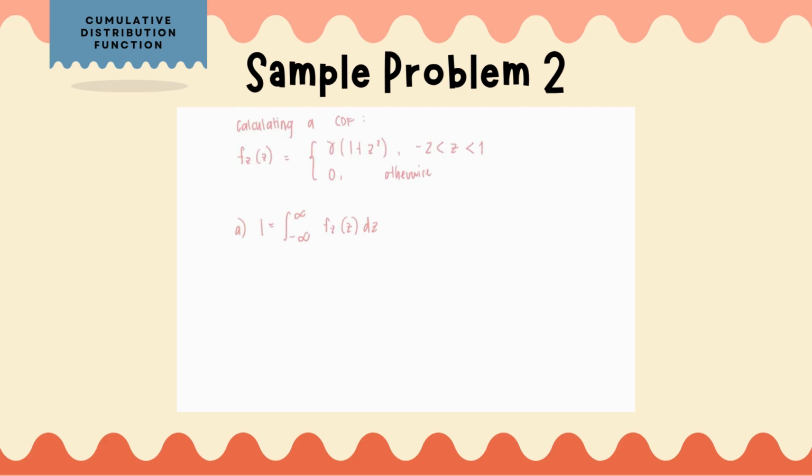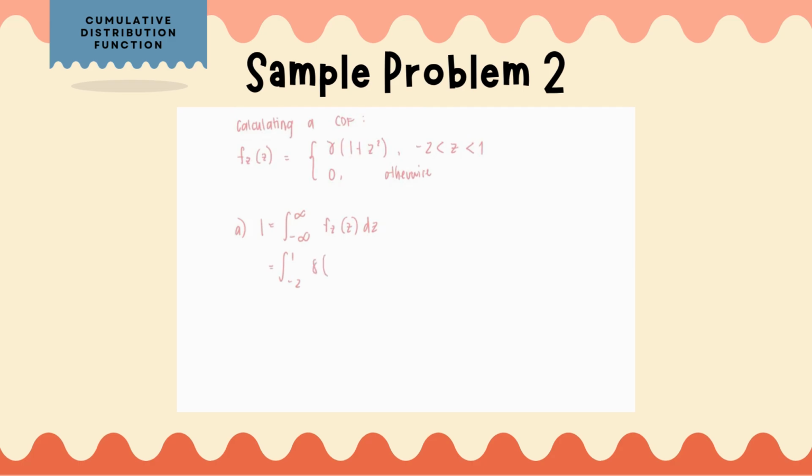Because we know that the PDF is actually only non-zero in the range negative 2 to 1, instead of integrating from negative infinity to infinity, we'll just integrate from negative 2 to 1. Now let's plug in gamma times (1 plus z squared) dz.